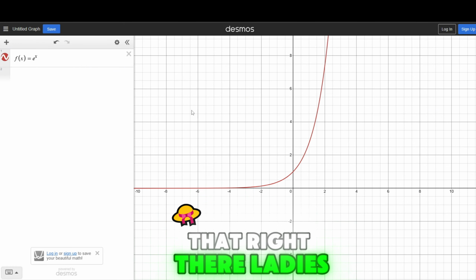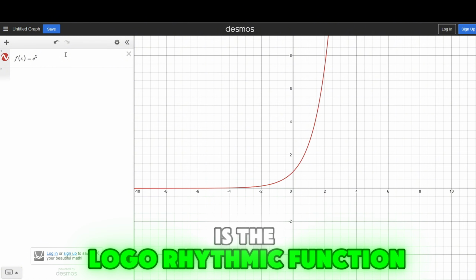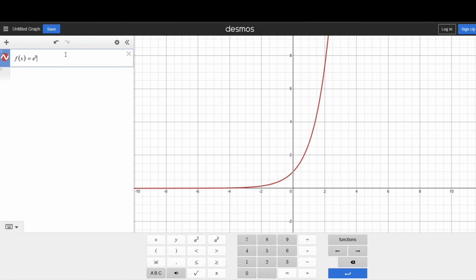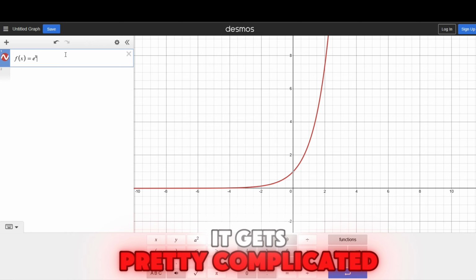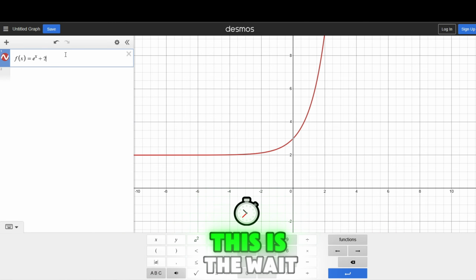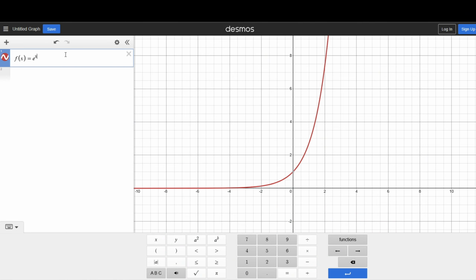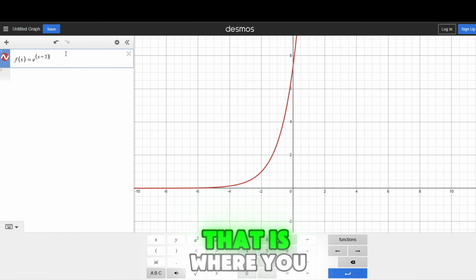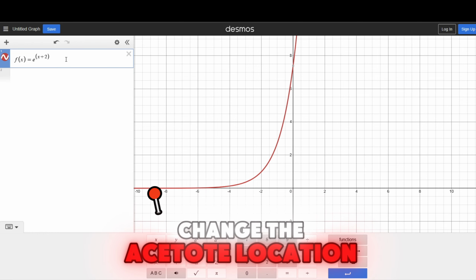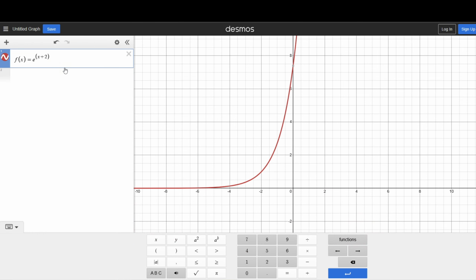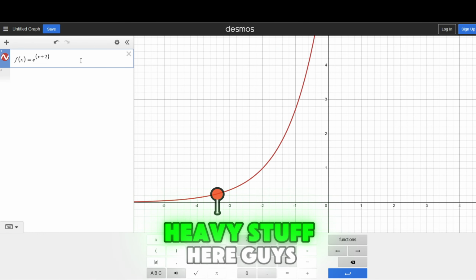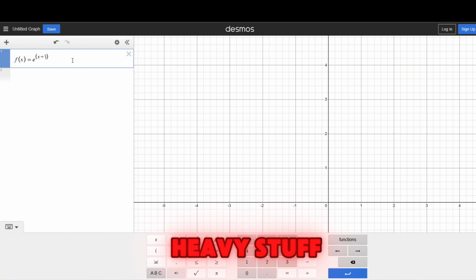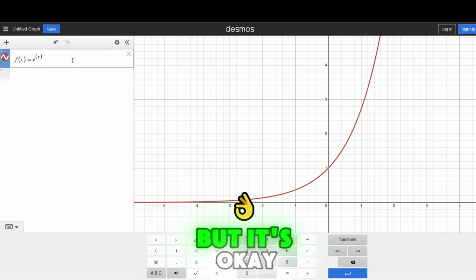That right there, ladies and gentlemen, is the logarithmic function. What happens here is it gets pretty complicated. This is the, wait. X plus 2. Yeah, that is where you change the asymptote location. Heavy stuff here, guys. But it's okay.